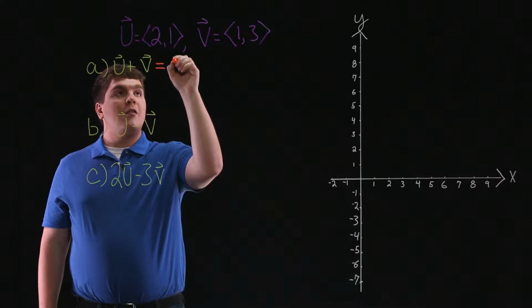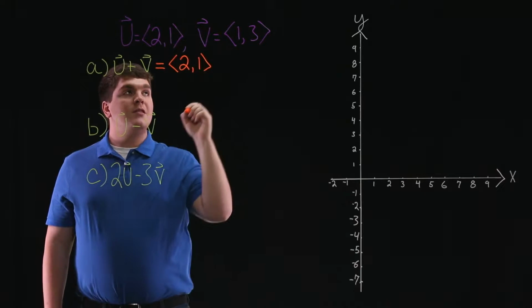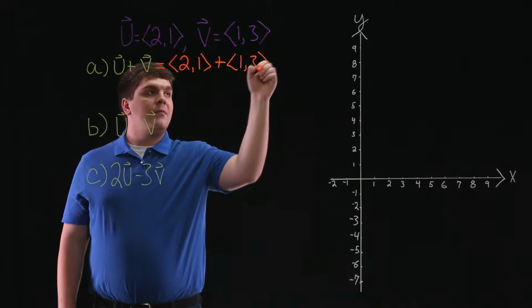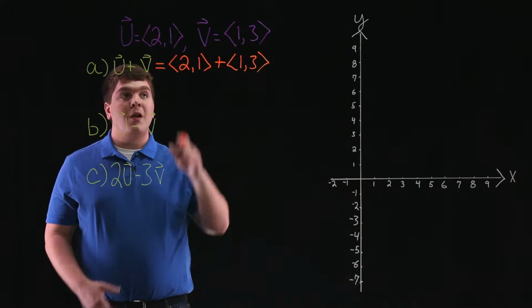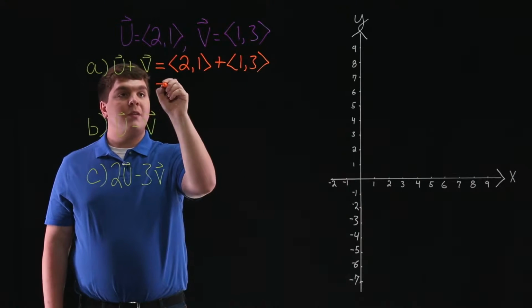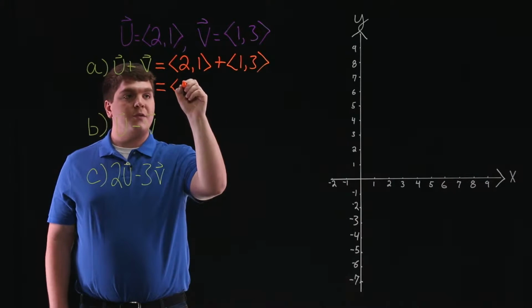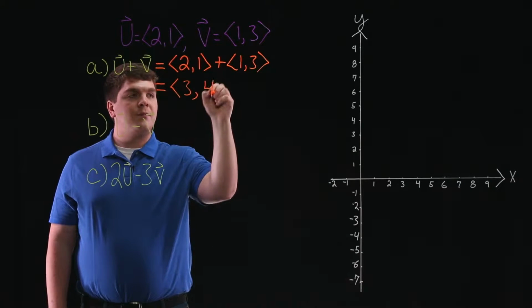This is equal to our vector u, which is 2, 1, plus our vector v, which is 1, 3. Now here we can use the definition of addition of vectors, where we add the first components and the second components. So our resultant vector is the vector 2 plus 1, which is 3, and 1 plus 3, which is 4.